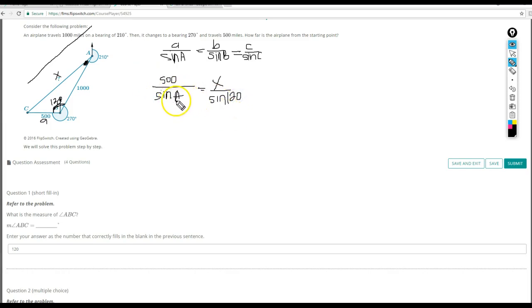But since I have a missing angle here and a missing side length, I cannot use this law of sines because there's two unknowns.